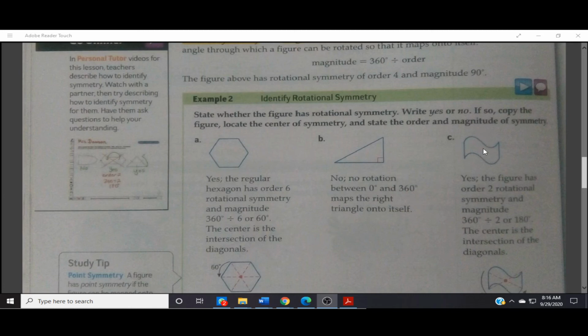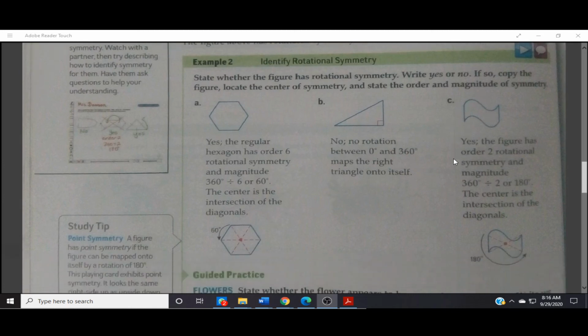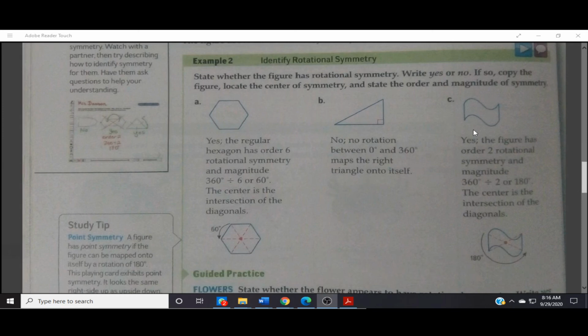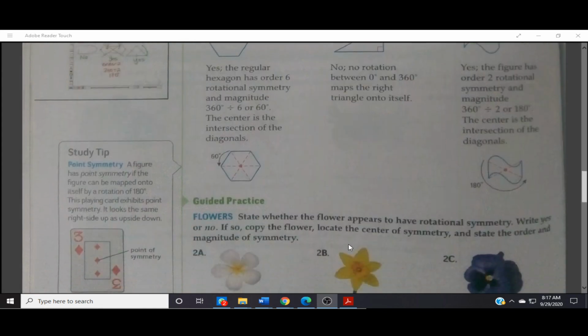If you rotate it 180 degrees, we have our 0 degrees and our 180, or 180 and 360. Either way, you're going to rotate it twice, and so that's going to have 180 degrees as your rotation.